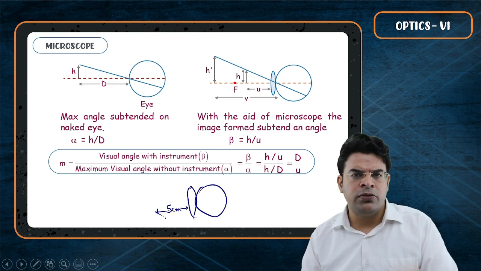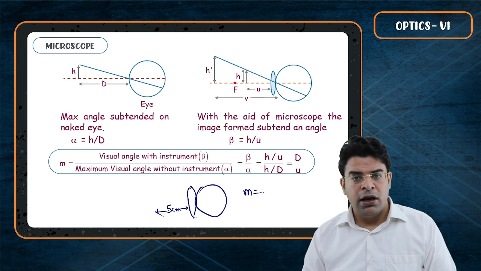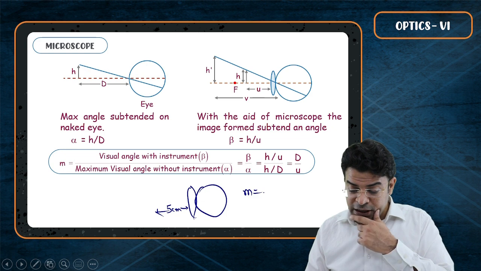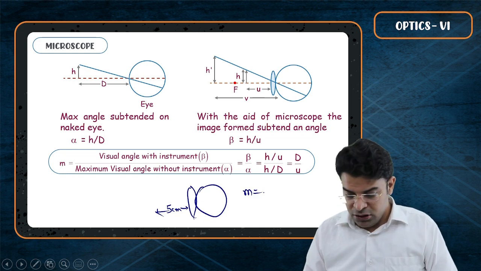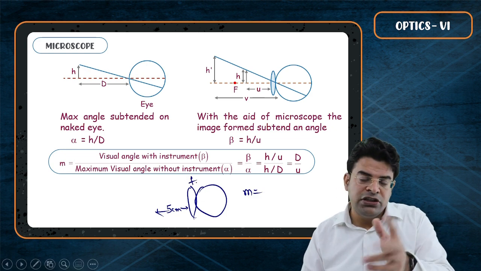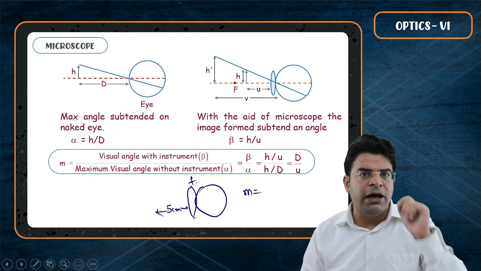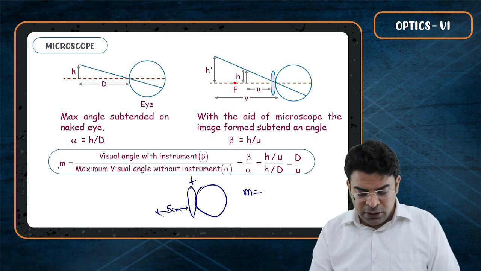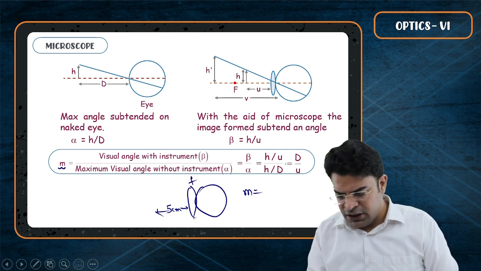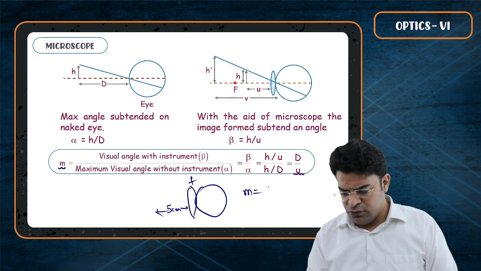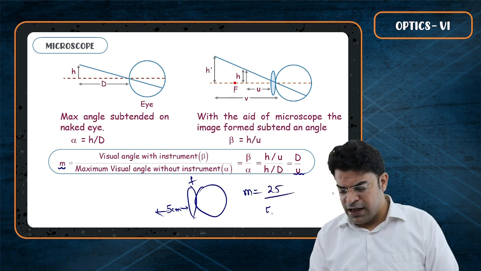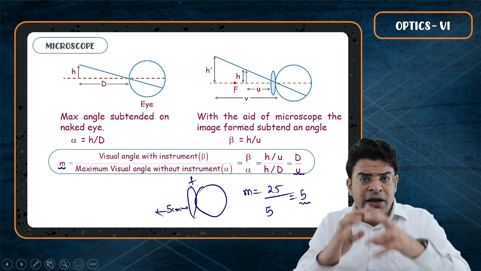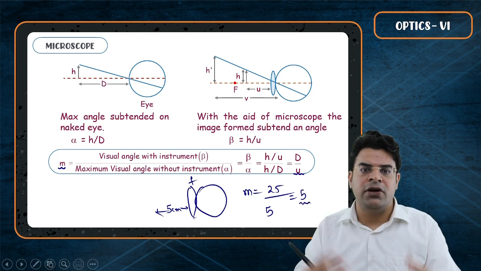What is the magnification? If you have not heard this before, you will be confused. You will say, sir, they haven't told me the focal length, so I can't use d by f plus 1, I can't use d by f. How to answer? It's a simple question. The magnification produced by the simple microscope is nothing but d by u. D is 25, u is 5. The magnification produced by this lens is nothing but 5. So it makes the object 5 times clearer.